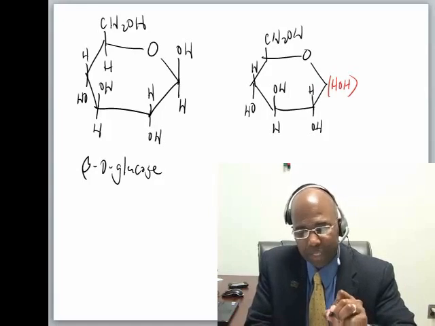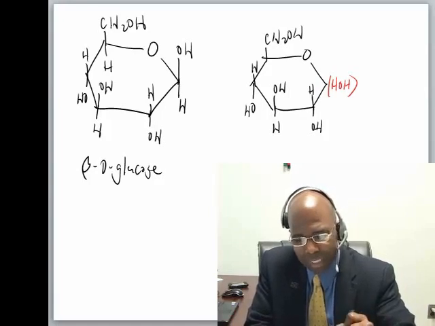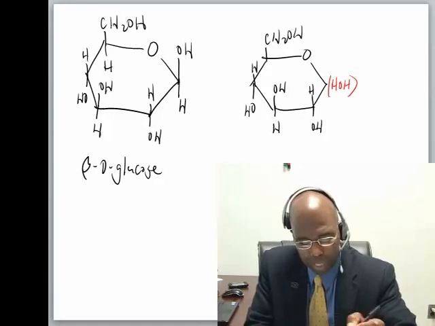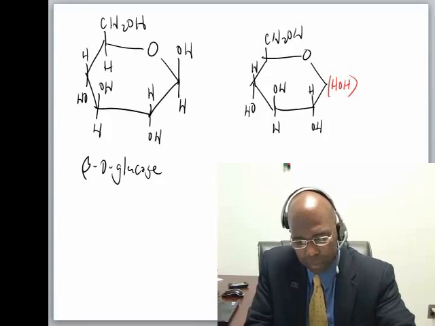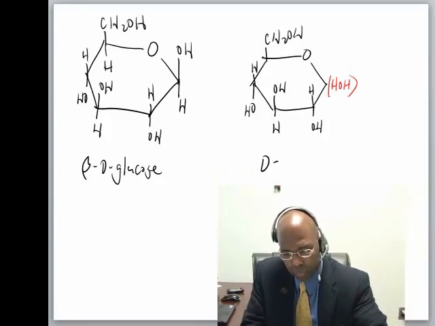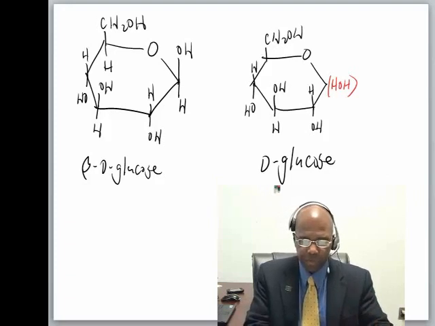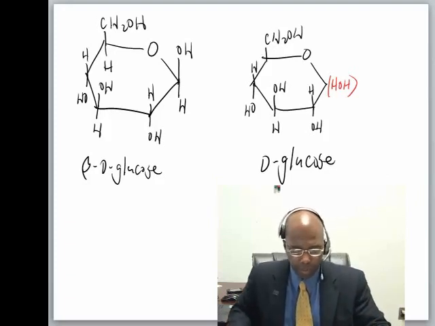The reason I do that is because I don't want you to let that confuse you in the naming of the glycoside, of the disaccharide. So this is D-glucose, and we don't care about the configuration of that anomeric carbon in there. Okay? And so what's going to happen?